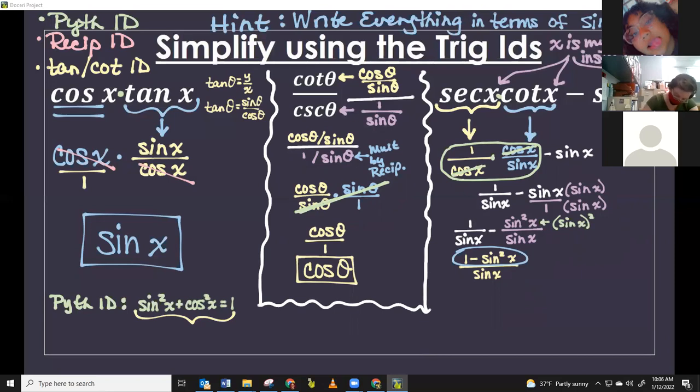What about if I subtracted sine squared x from both sides? Then it would cancel out over here on the left. So I would have cosine squared x equals what?